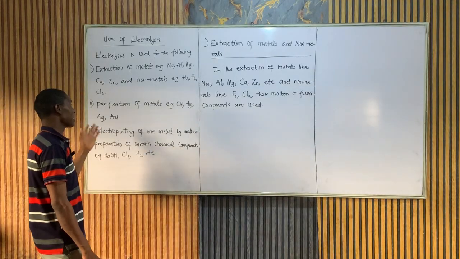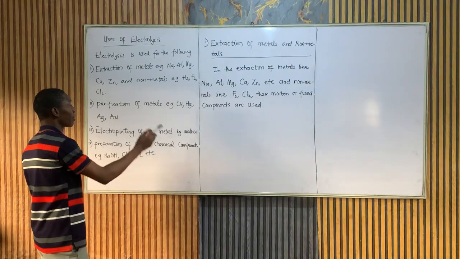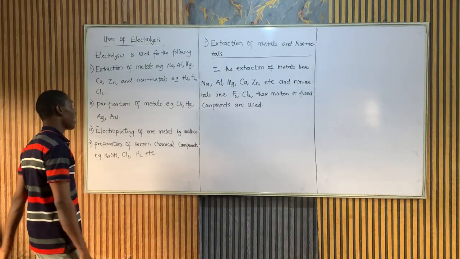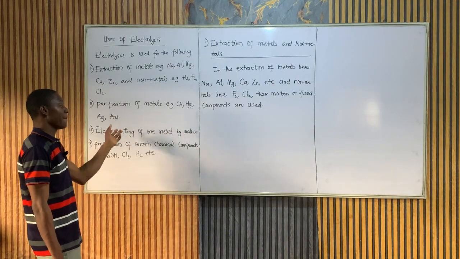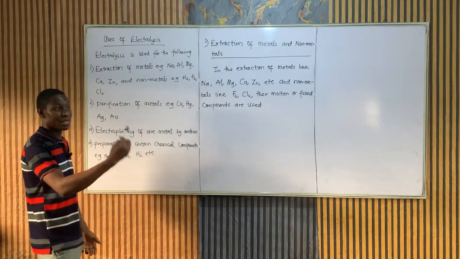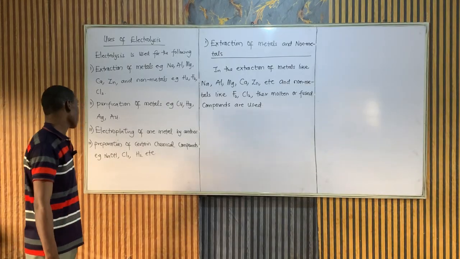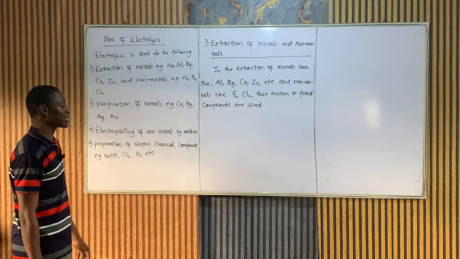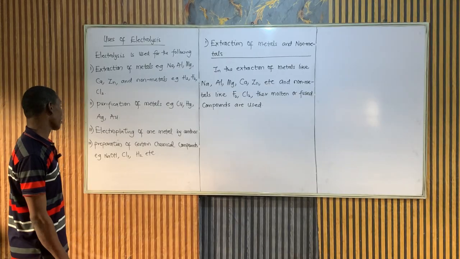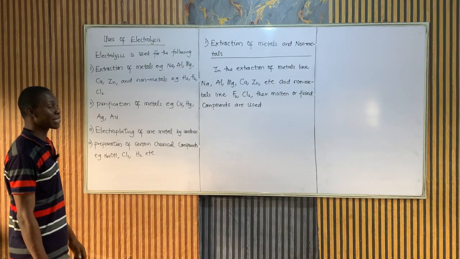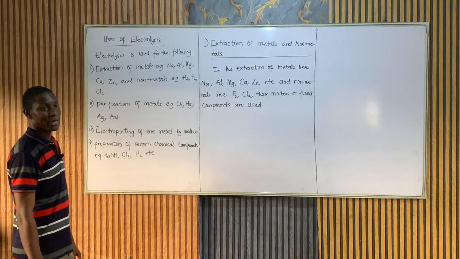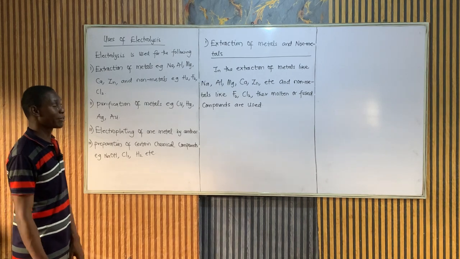Now, under the use of electrolysis in the purification of metals, e.g. copper, mercury, silver, gold, these are the metals that are below hydrogen in the activity series actually, and there's a reason for that. Next is electroplating of one metal by another, and lastly, preparation of certain compounds such as sodium hydroxide, chlorine, and hydrogen gas.